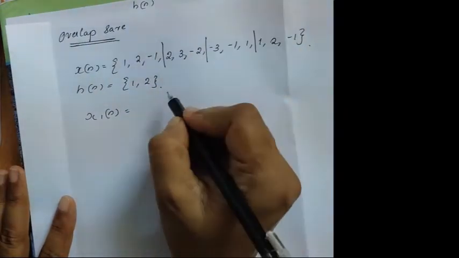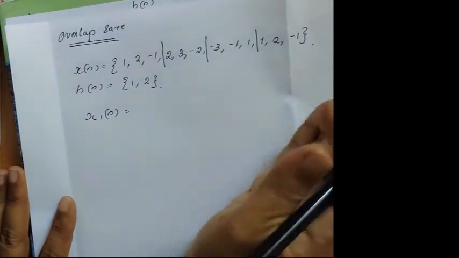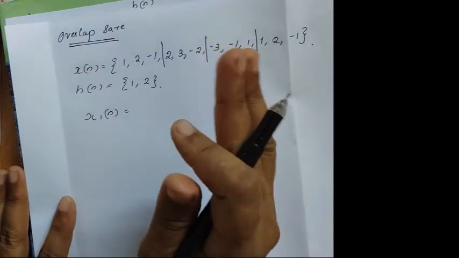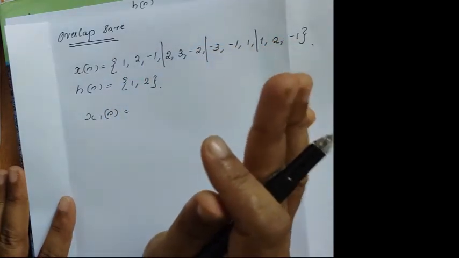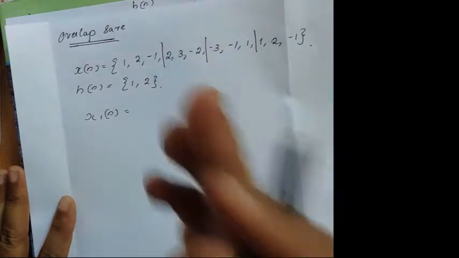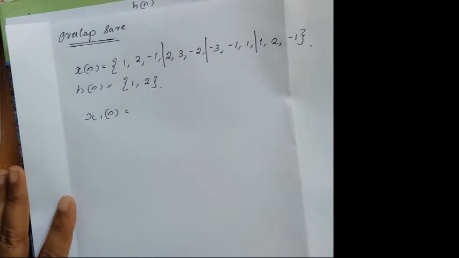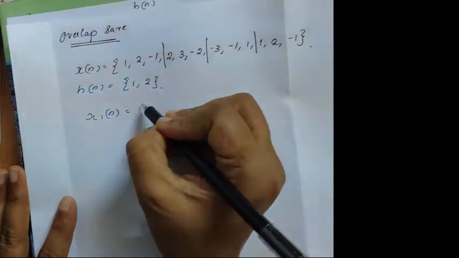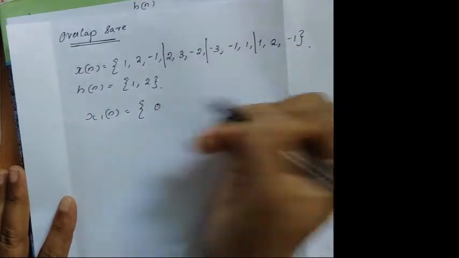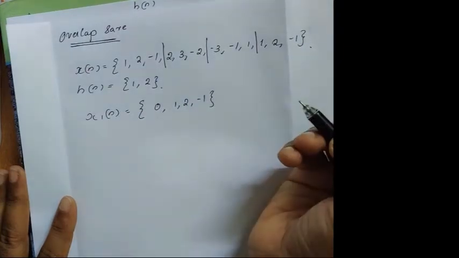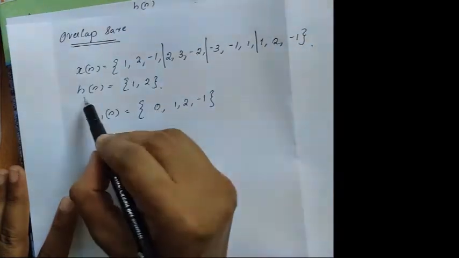In the overlap add method, we added L minus 1 zeros at the end of the sequence. Don't forget, in the add method you added all the zeros at the end of the series, isn't it? So over here you have to add M minus 1 zeros.